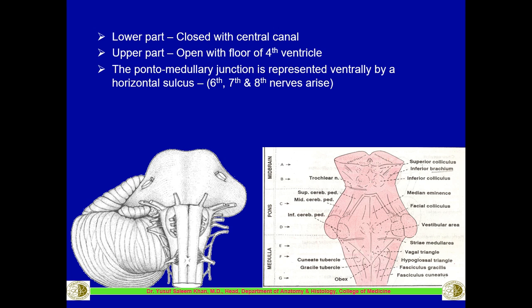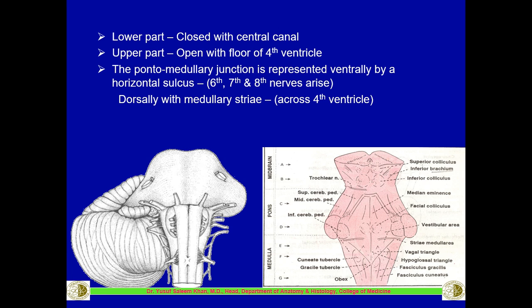There is also a very important junction called the pontomedullary junction, which is represented ventrally by a horizontal sulcus. So the junction between the pons and the medulla oblongata is a horizontal sulcus, where we can see the rootlets as well as the nerves of the sixth, seventh and eighth cranial nerves arising from this horizontal sulcus.